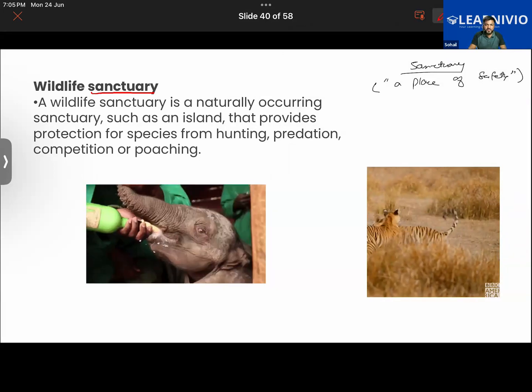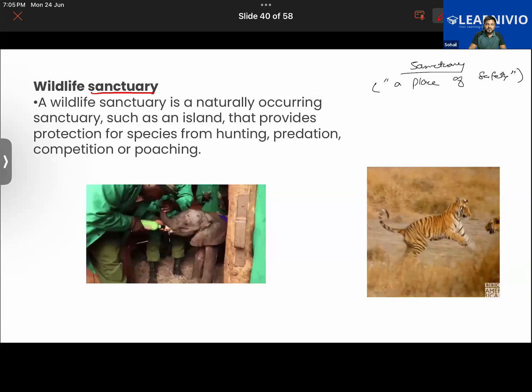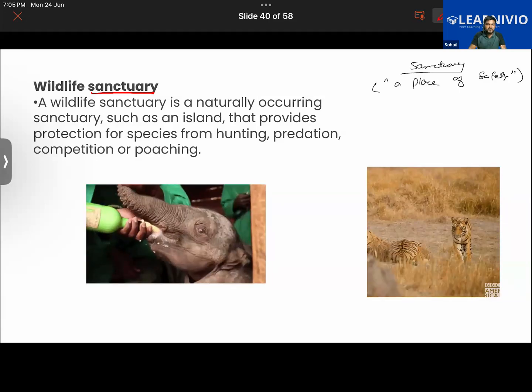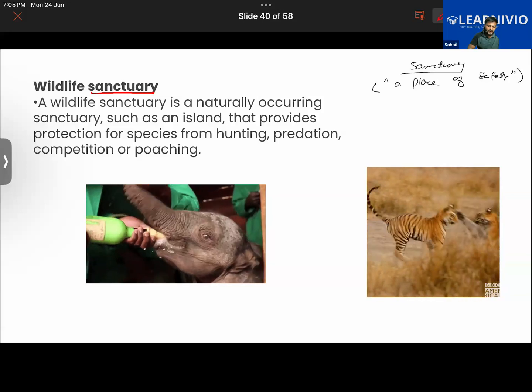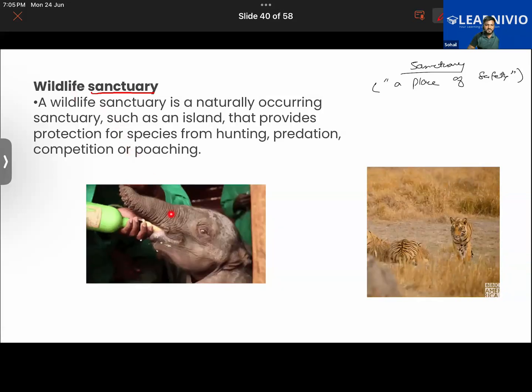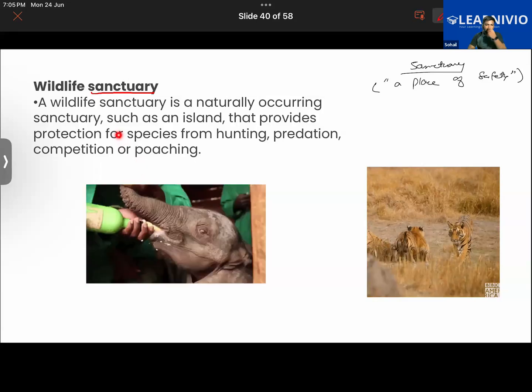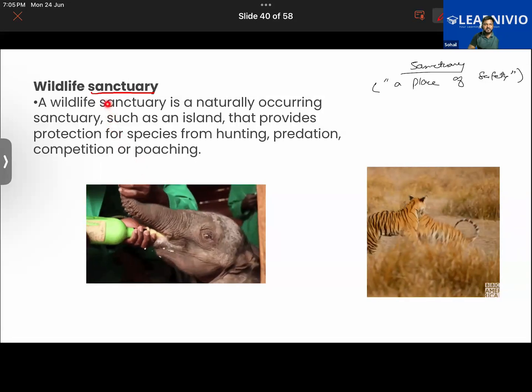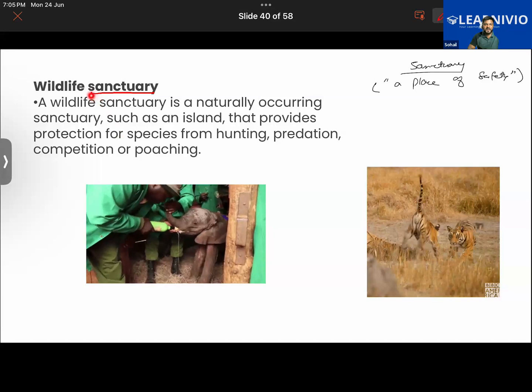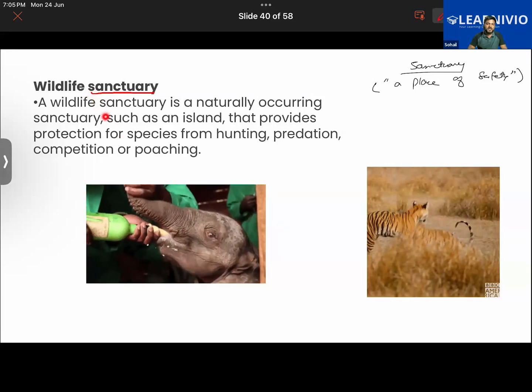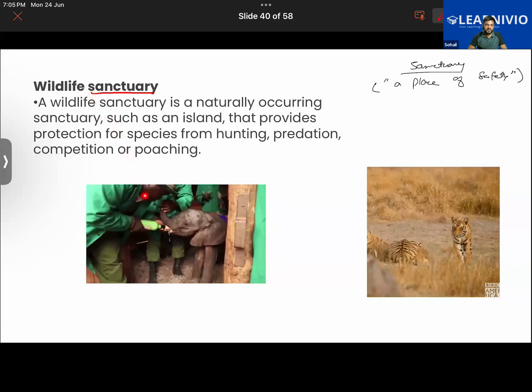Almost everywhere you will see that wildlife is used for animals, but wildlife means plants also. When we say wildlife, it refers to plants and animals found in their natural habitat.